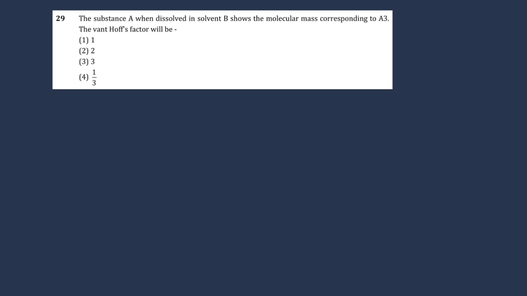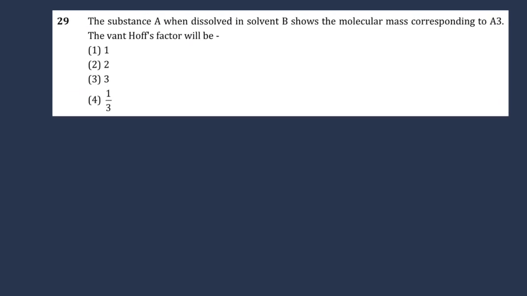Next, the 29th question. The substance A, when dissolved in solvent B, shows the molecular mass corresponding to A3. The Van't Hoff factor is? So we have A converted into A3. This is 3 moles, therefore 3 A converting into A3 means it is trimerized.